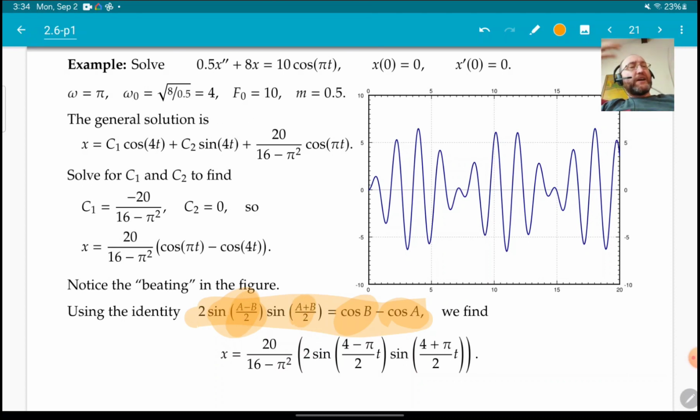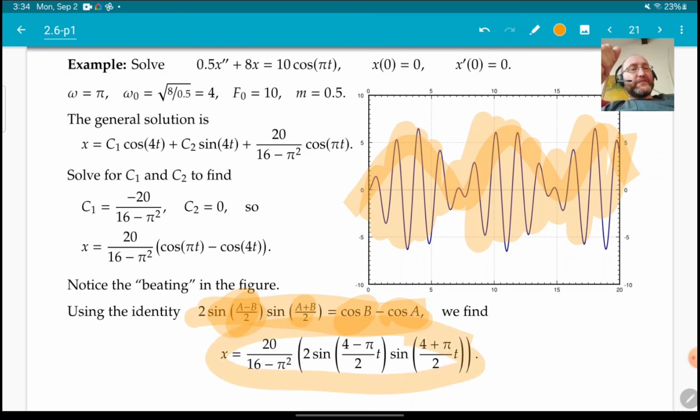And so you have a high frequency sine wave modulated by a small frequency sine wave. The slow frequency, that's the beating that you hear. The fast frequency is this guy over here.